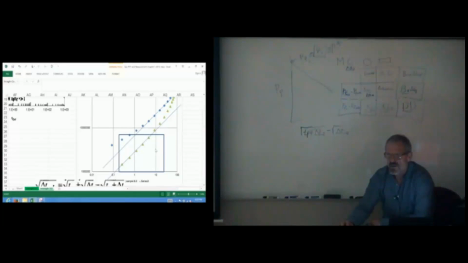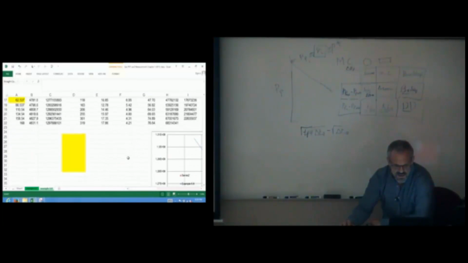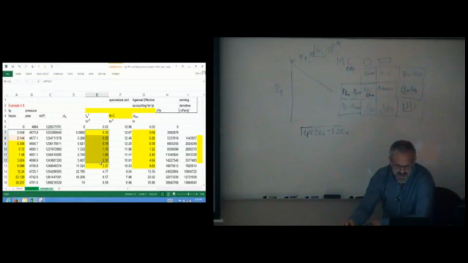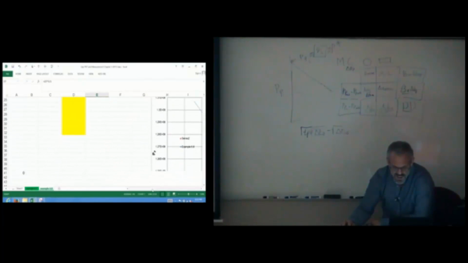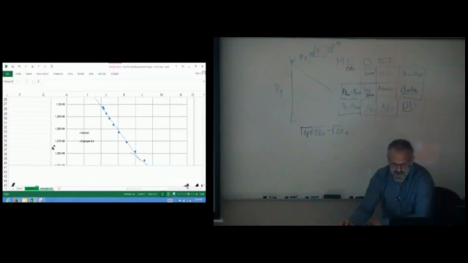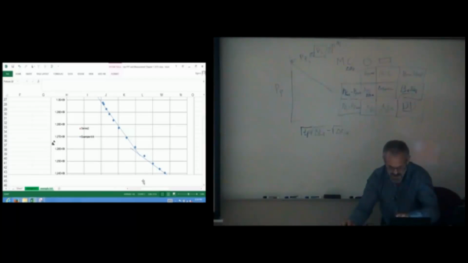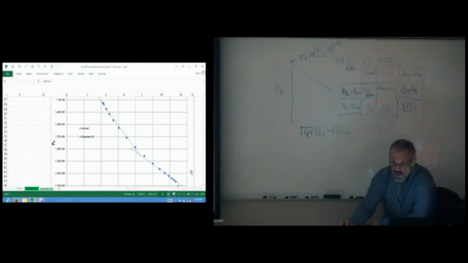We started here, then we selected that data to do our MC plot, because we already looked at a square root of time plot and saw that there was two potential linear flow periods, right? Early and late. I don't know what that is, but I'm getting rid of it. I didn't know which one of those flow periods might be.